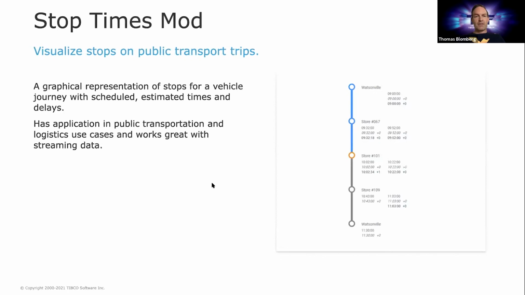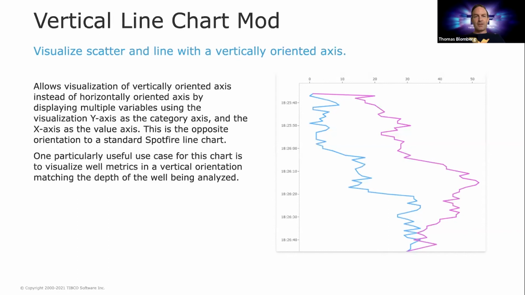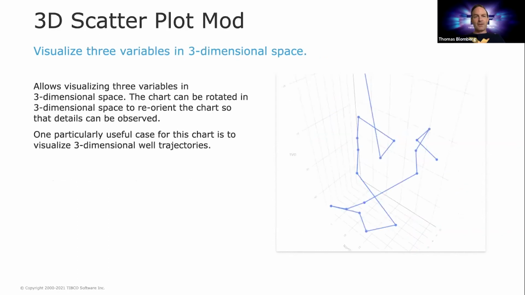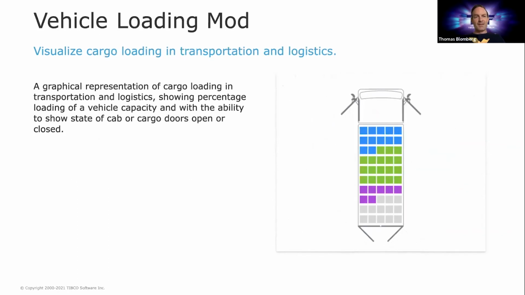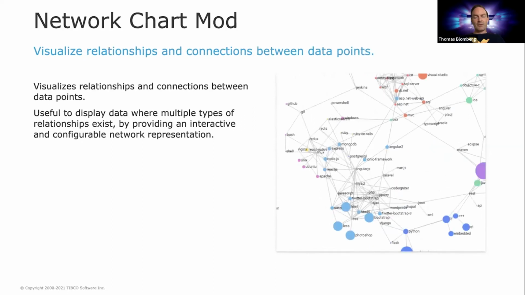You can try things like the stop times mod, the vertical line chart mod, thank you, Andrew, 3D scatterplot mod, vehicle loading mod, network chart mod. You will see tons of cool demos at TIBCO Analytics Forum in May using the network chart mod. It looks really amazing.